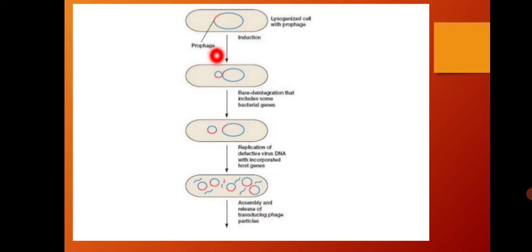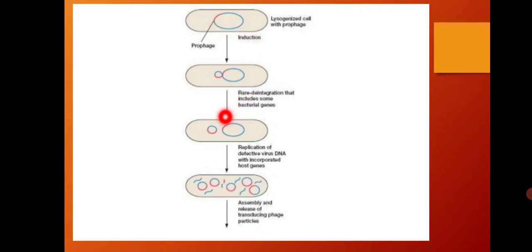What do we call this stage? Prophage. Prophage is the state in which the phage genome is integrated with the bacterial genome.